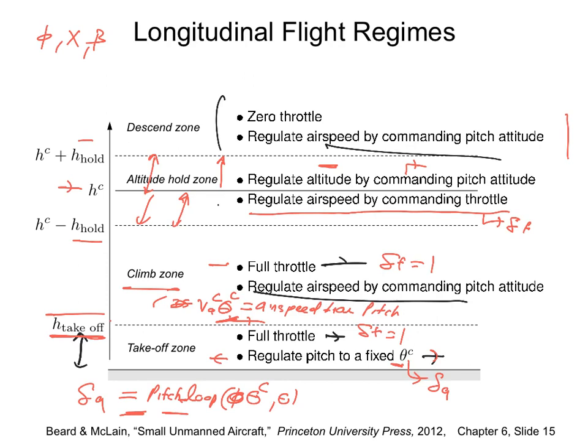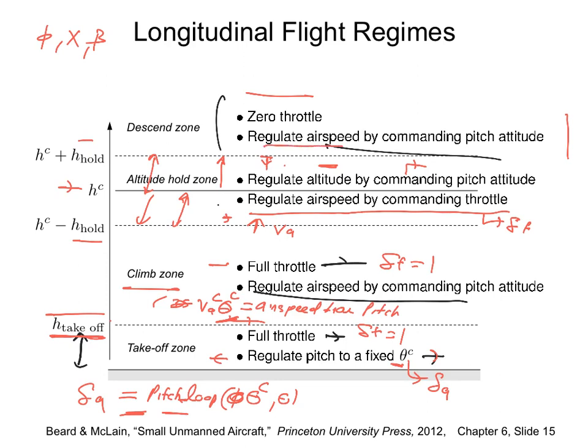For example, if you are below, you want to go up, so you can increase lift, right? If you increase lift by increasing VA, then you go up. And when you're here, the basic idea is you keep your VA constant, and you go up and down. You can go down by just choosing a negative theta. All right.